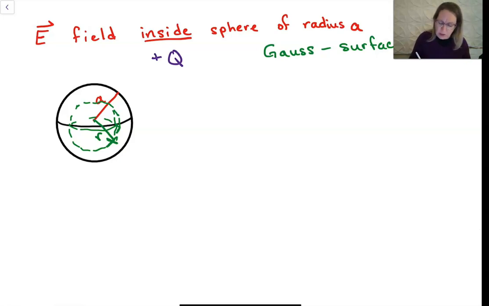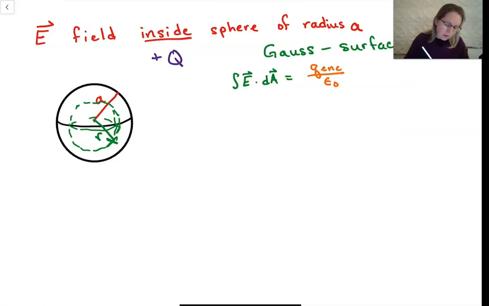Now Gauss's law looks like integral E dot dA on the surface is equal to our Q enclosed over epsilon naught. So we're going to do first E dot dA, and then we're going to do the other parts. On the outside part of the sphere, the electric field points radially out.